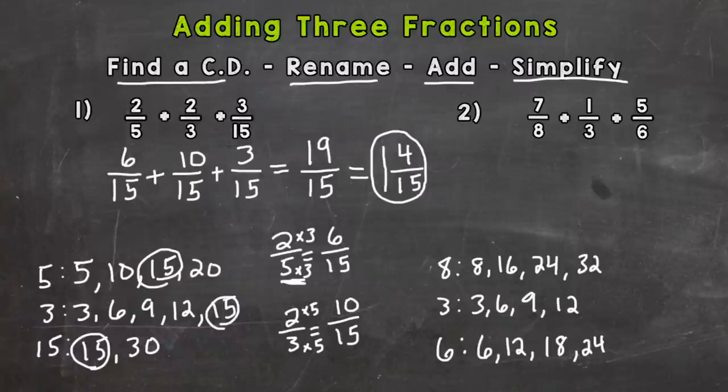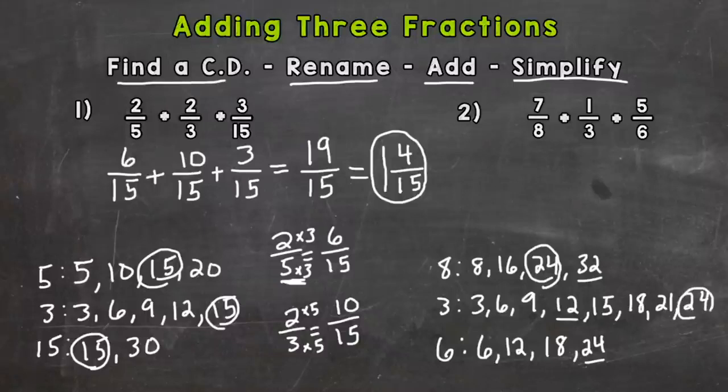We have a match between 8 and 6, but we don't between all 3 of those numbers. So my 8's at 32, and my 6 is at 24, and my 3's only at 12. So let's extend the 3 and see if we can get a match. 15, 18, 21, 24. There it is.